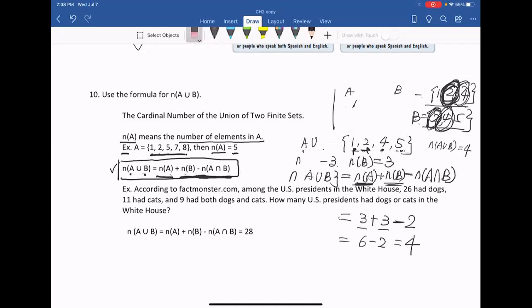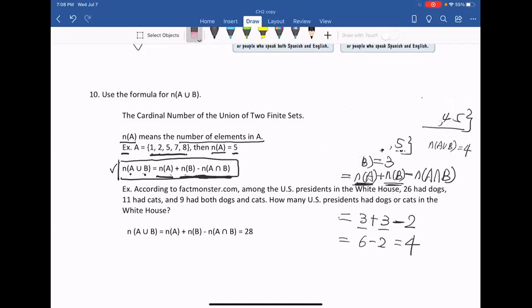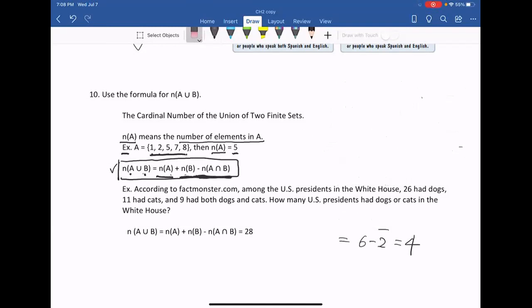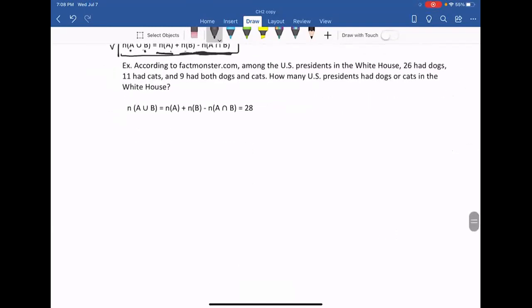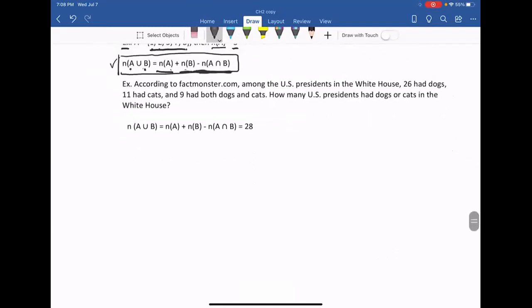Okay, let's see the example. According to factmonster.com, among the US presidents in the White House, 26 had dogs, 11 had cats, and 9 had both dogs and cats.